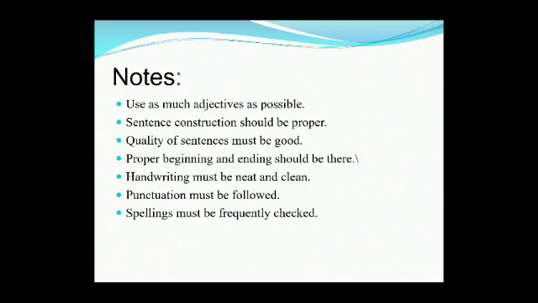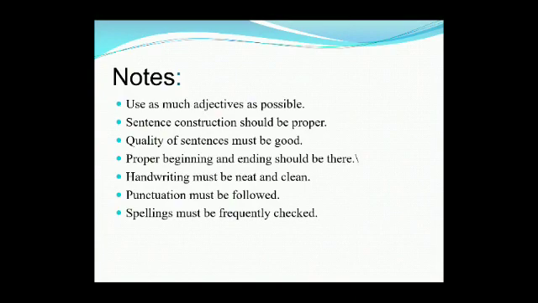The next part is that proper beginning and ending should be there. We have discussed this. Proper beginning and ending is very important to give proper quality to your work. Handwriting must be neat and clean. Students, never ever forget about your handwriting while you are doing your work. Always focus on your handwriting while you are doing any written work. Punctuation must be followed.